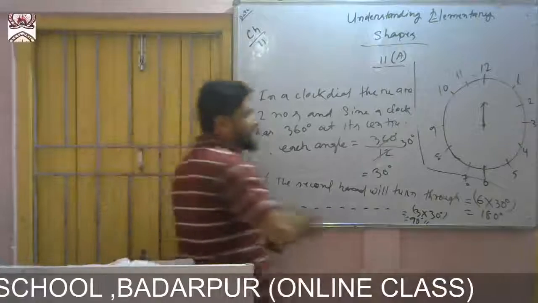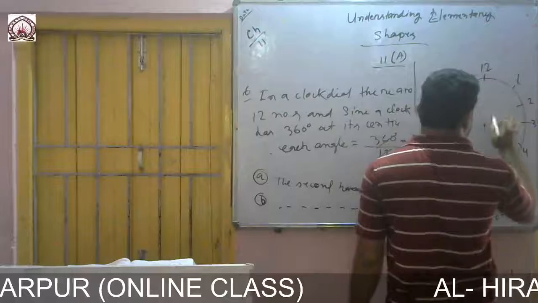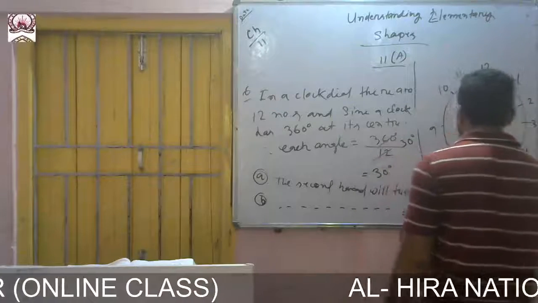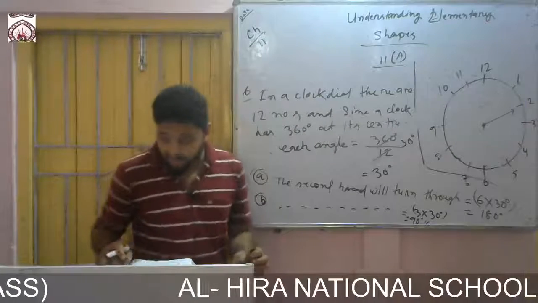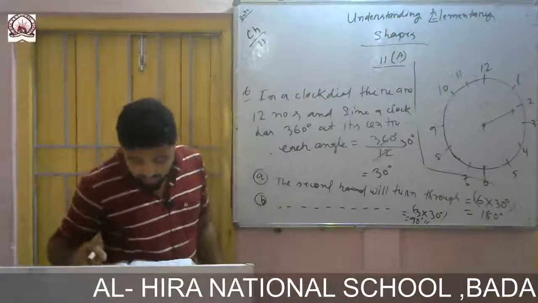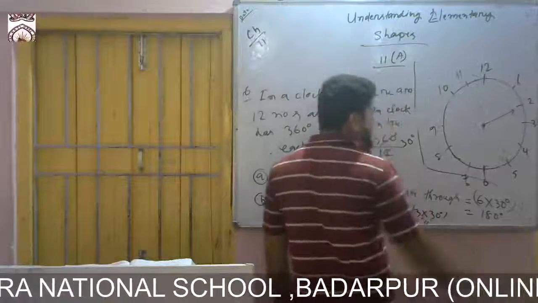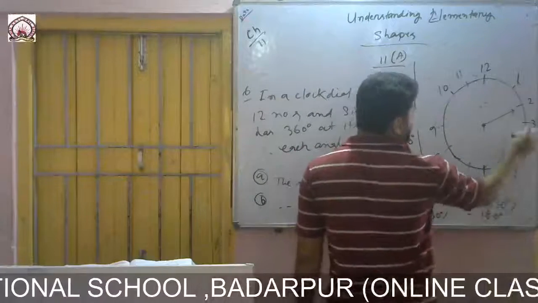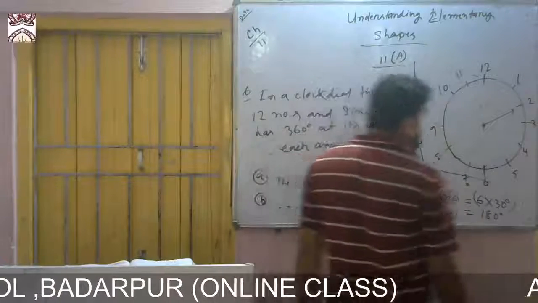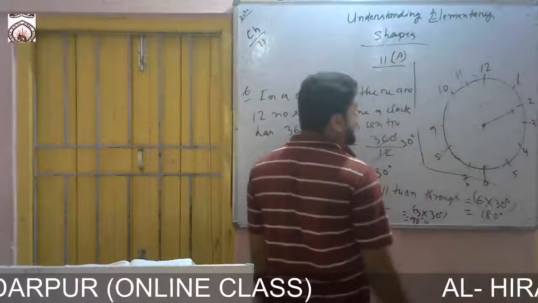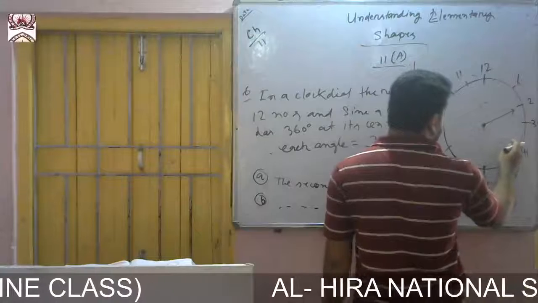Each step is 30, so from there to there it will be 30, then 60, then 90.